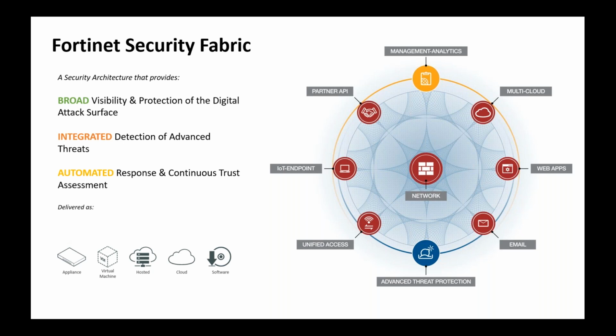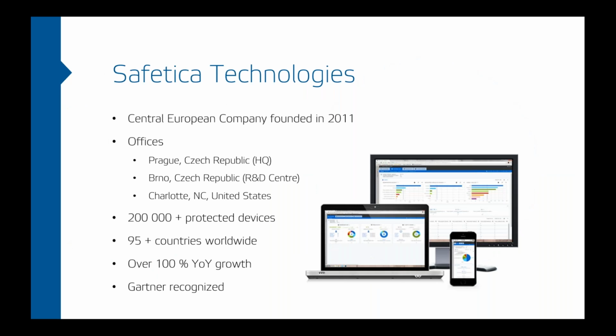Thank you, Michal. It's Ota back. I will just briefly introduce our company for those who are not familiar with us. We're Safetica Technologies, a Central European company. We were founded slightly before 2011, but we date our history back to 2010 to 2011 because we brought the first version of Safetica DLP to the market.